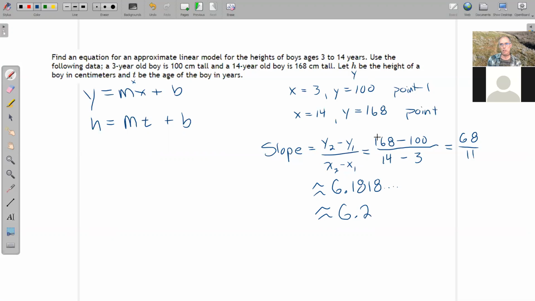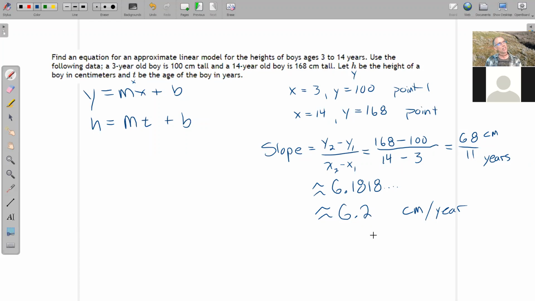And a reminder, what do these numbers mean? The 68 is a centimeter change from a 3-year-old to a 14-year-old, and the 11 is years. So that number right there is centimeters per year. Okay. So what these two points predict is that the average boy will grow about 6.2 centimeters per year, which is like the width of my hand.